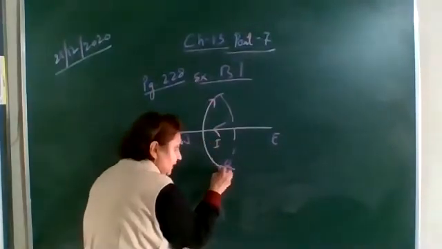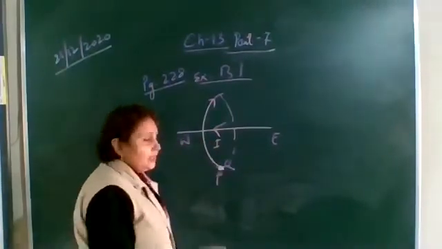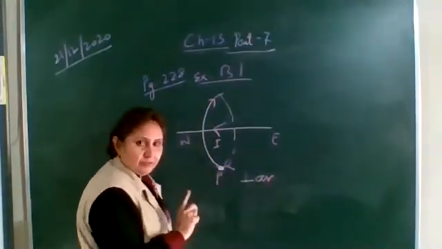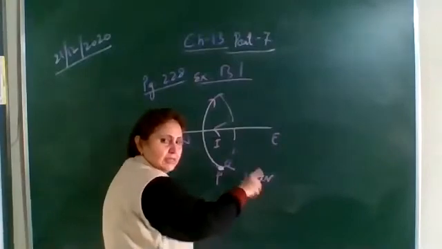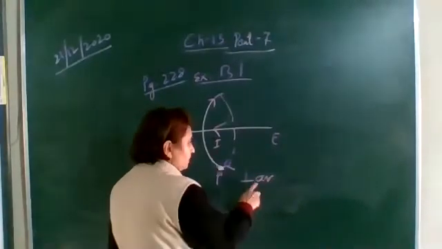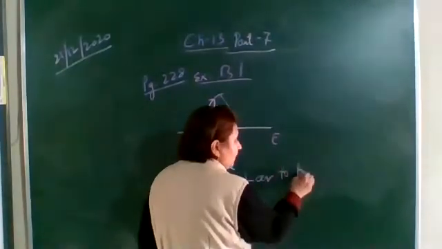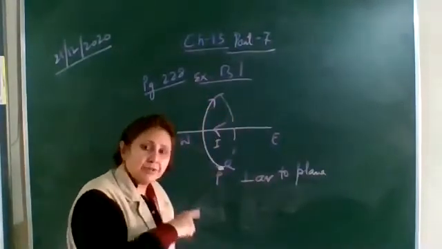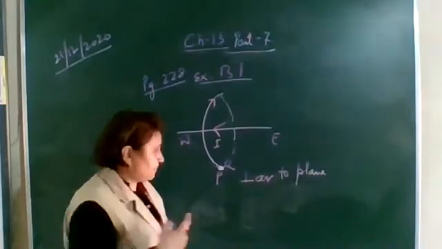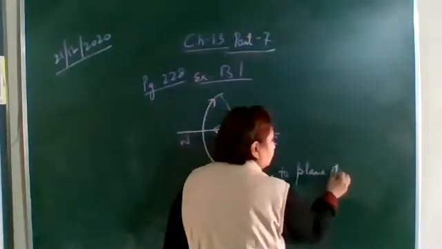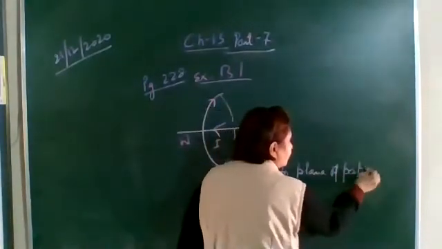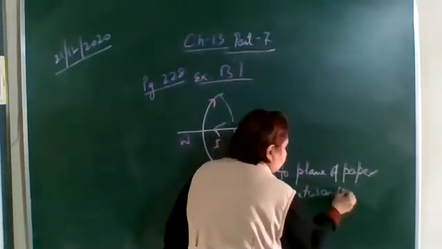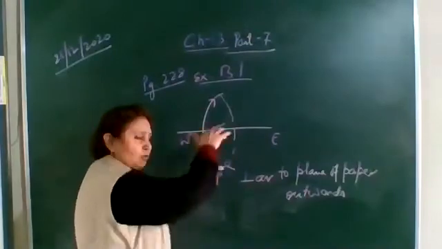If you draw the tangent at this point, it will be perpendicular to the plane of the wire. If you are drawing on paper, it will be perpendicular to the plane of the paper, outwards.